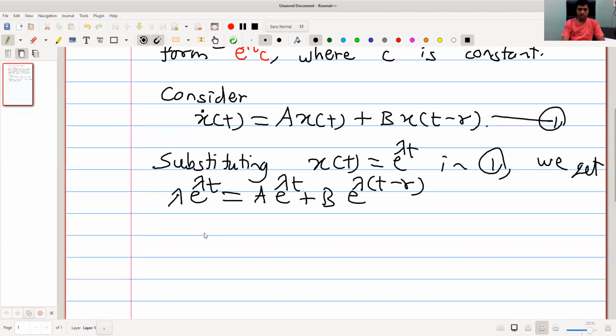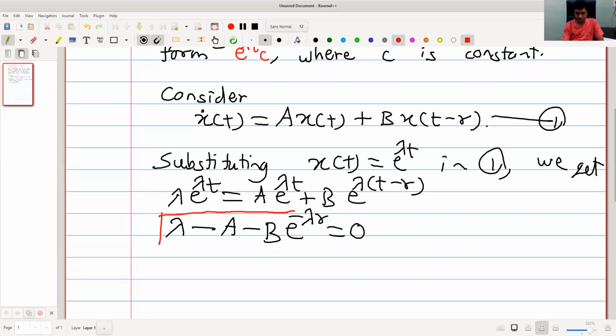Now e raised to lambda t cannot be 0, so we can divide throughout by e raised to lambda t, and we get lambda minus a minus b e raised to minus lambda r equal to 0. So this is the characteristic equation.